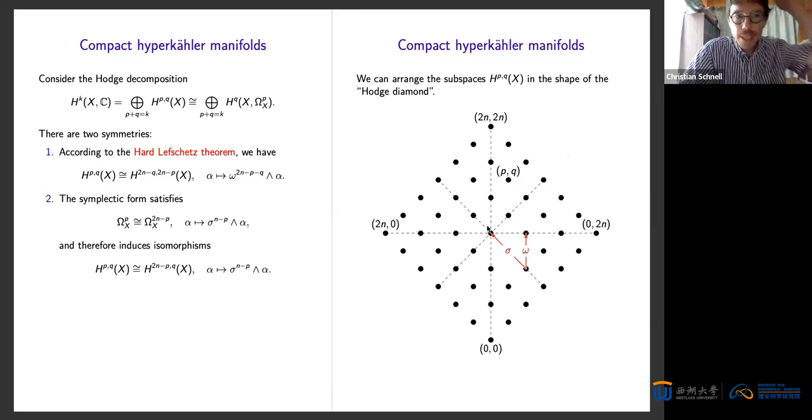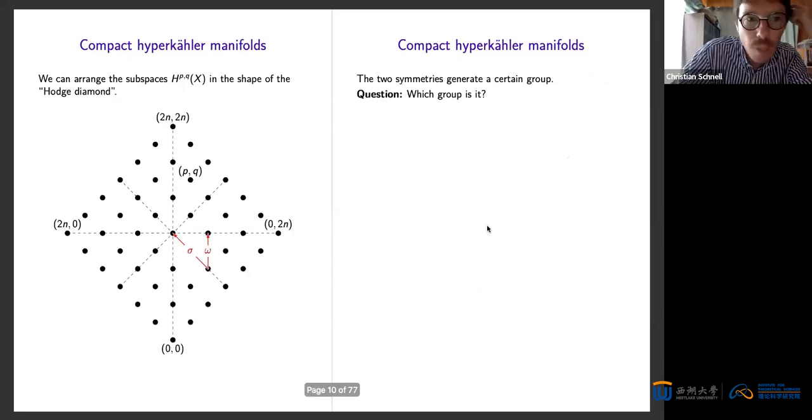Okay, and now something interesting happens. I'll phrase this as some questions to the audience. So I have these 2 symmetries: the reflection along this diagonal and the reflection along this bisecting line. These 2 symmetries will generate a certain group. Can you see what group is generated by those 2 reflections?